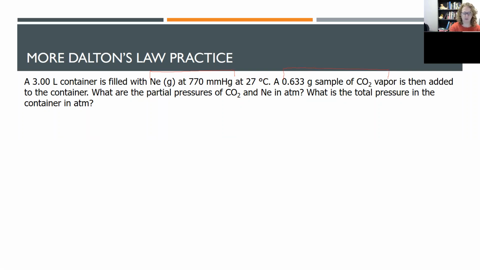By the end of this, I have a mix of neon and CO2 in a 3-liter container, because the container didn't change size. And the other thing that I know is 27 degrees Celsius. We're trying to now figure out the partial pressures of the two things and then the total pressure. So let's see what we can figure out.